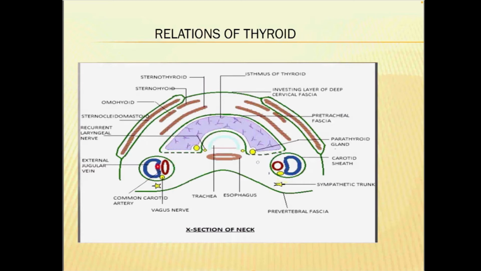It includes the common carotid artery and the vagus nerve, surrounded by the carotid sheath, and this is the cervical sympathetic trunk.